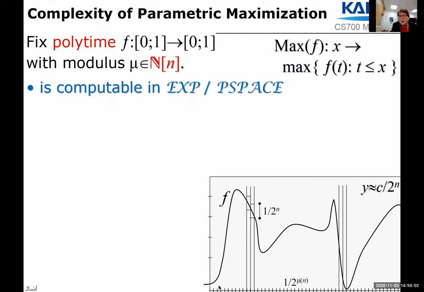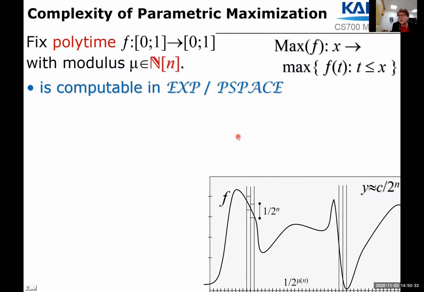And the exponential time part, the repetition for exponentially many subintervals, each of these repetitions can reuse the same amount of memory for storing the maximum value so far. So we don't need an exponential amount of memory, although the running time is exponential, but we can reuse memory. So this is our PSPACE algorithm.